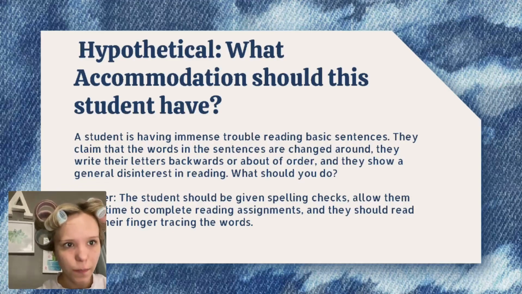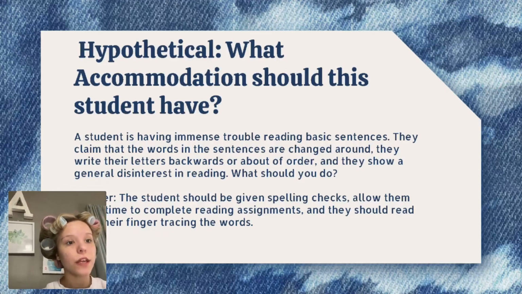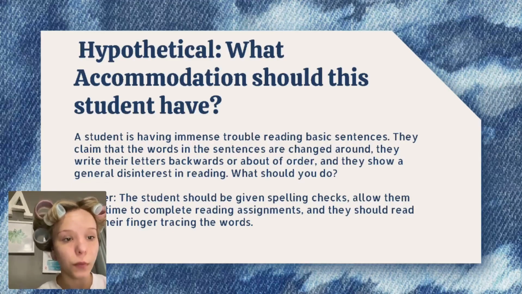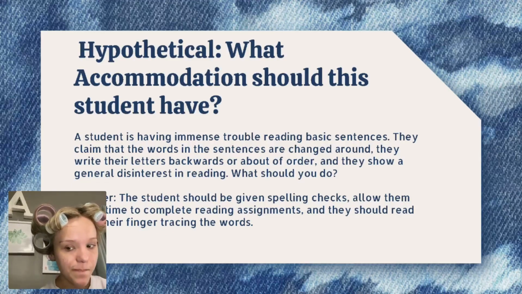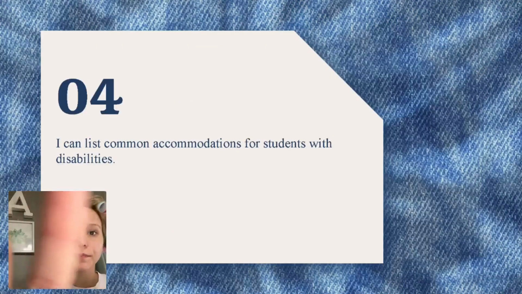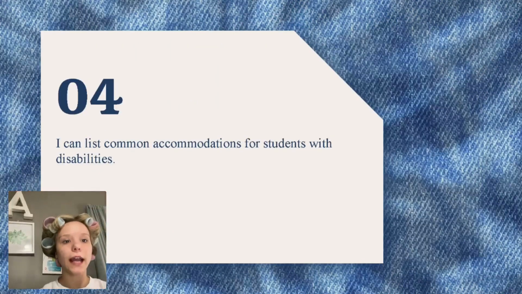What should you do? The answer is, the student should be given spelling checks, allow them extra time to complete reading assignments, and they should read with their finger tracing the words. So, what disability would this be? It would be dyslexia.